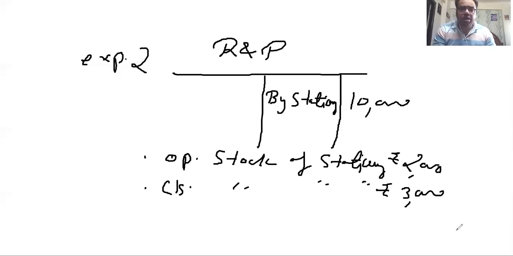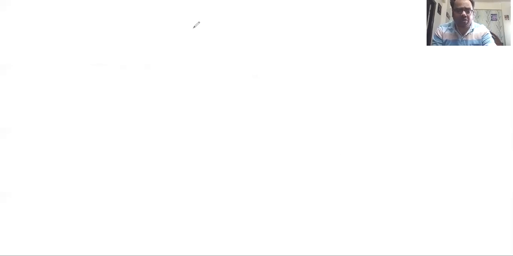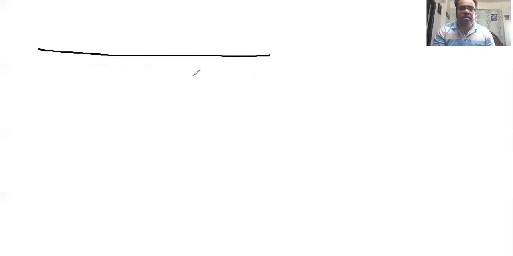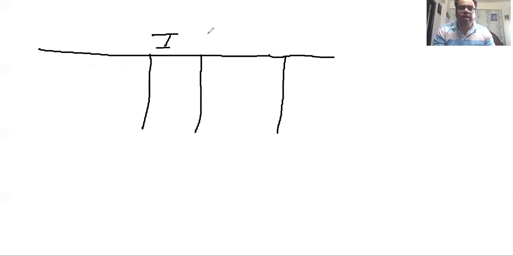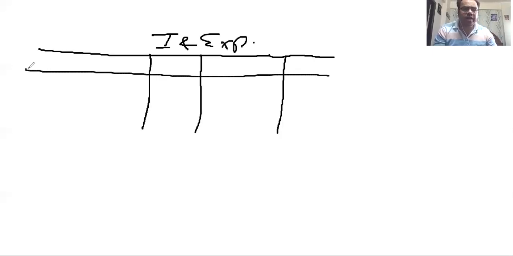Now see how you will treat it under income and expenditure. Suppose we are making this income and expenditure account. On the debit side, now you have to write 'To stationery consumed'. Why am I writing consumed?